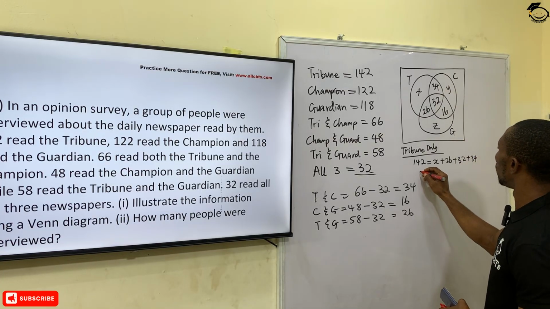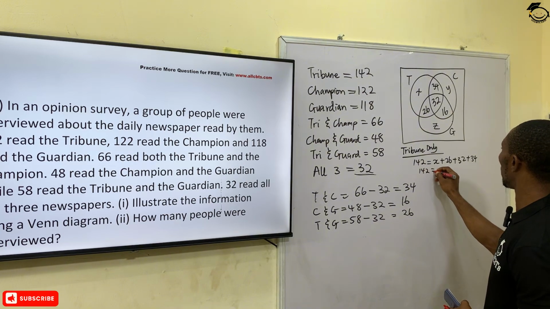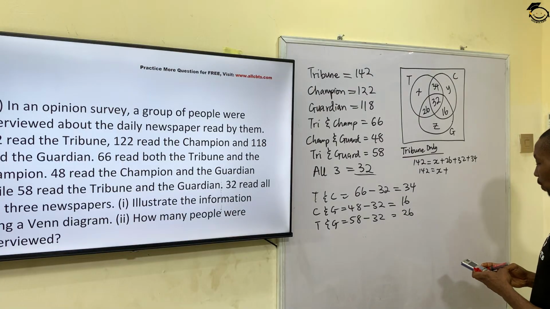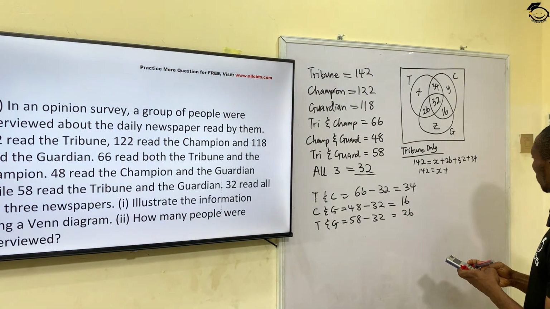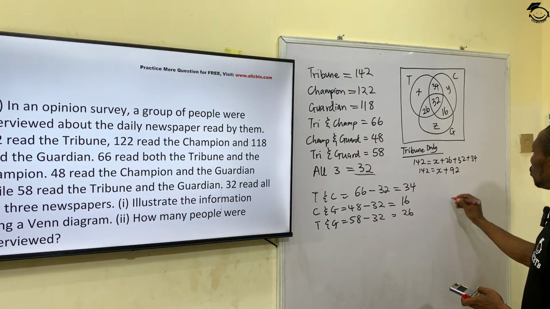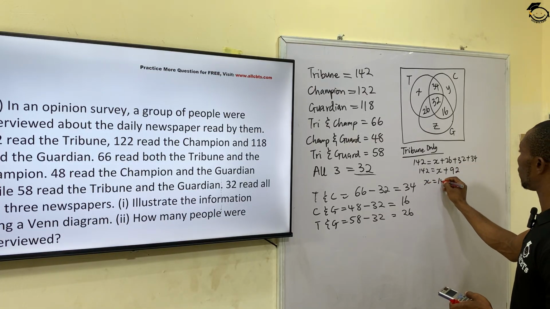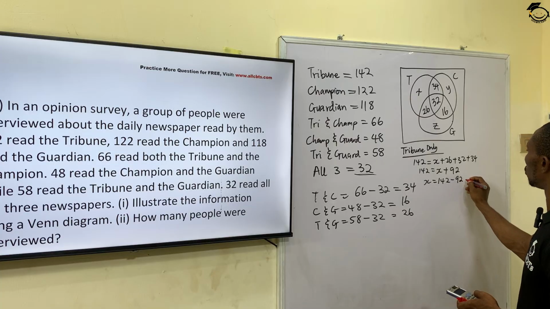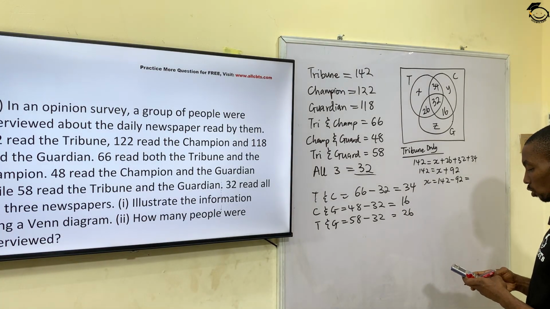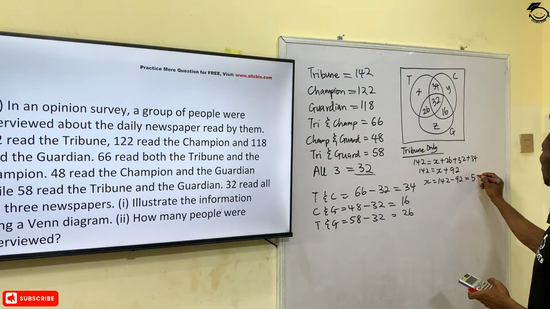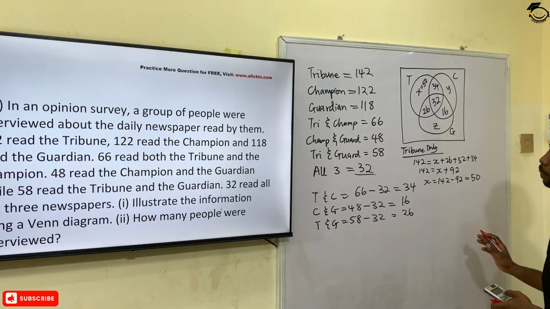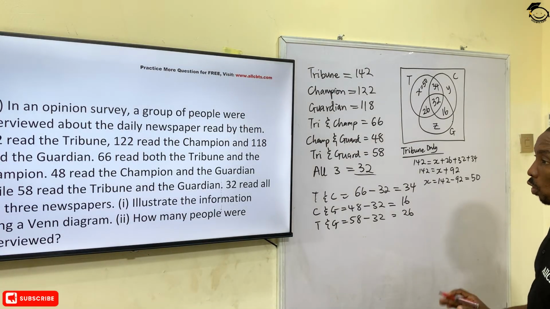So 26 plus 32 plus 34 would give us 92. So x would be 142 minus 92, which would give us 50. So that means our x equals 50. So 50 people read Tribune only.